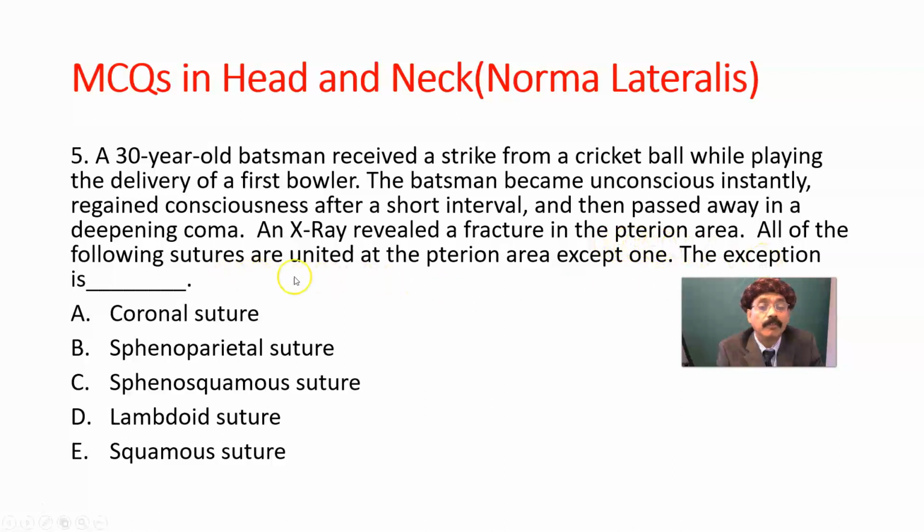All of the following sutures are united at the pterion area except one. The exception is what? Coronal suture, sphenoparietal suture, spheno-squamous suture, lambdoid suture, squamous suture. Which does not come to form the pterion area? Answer should be the lambdoid suture.